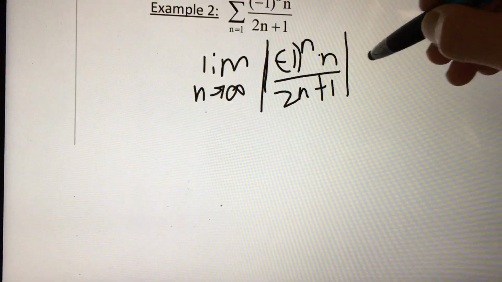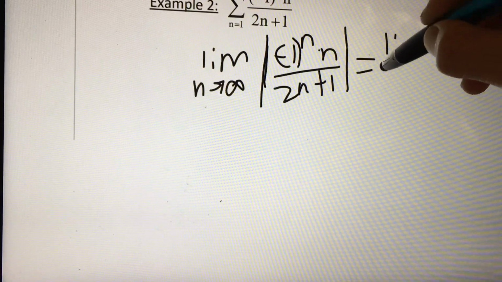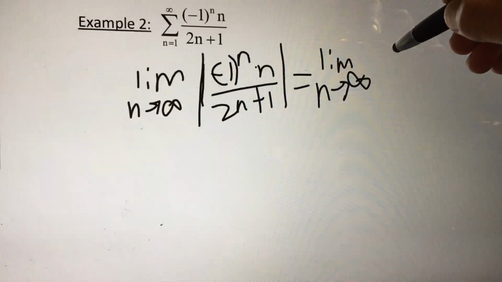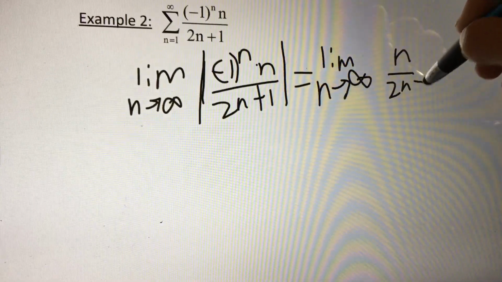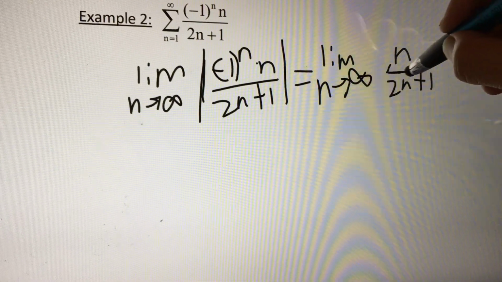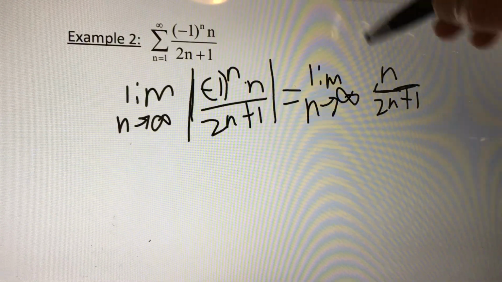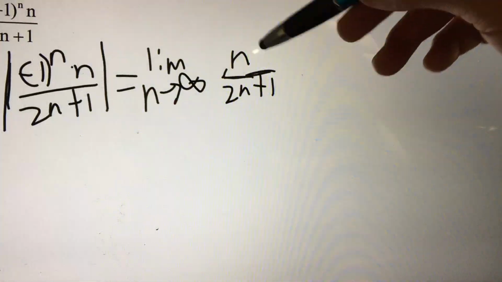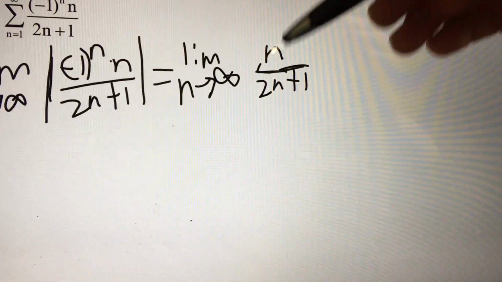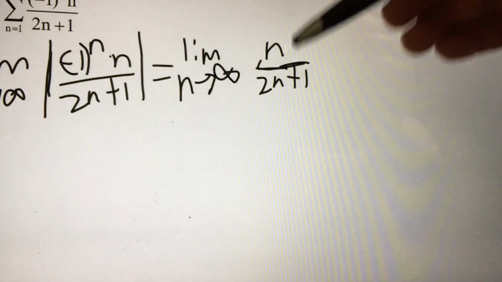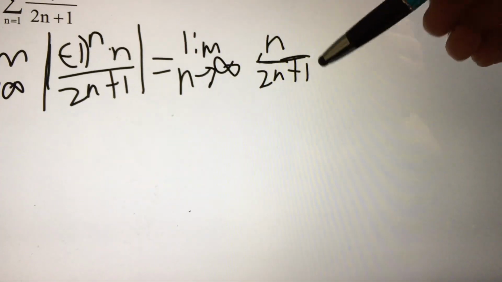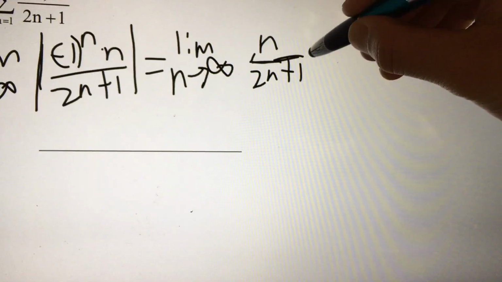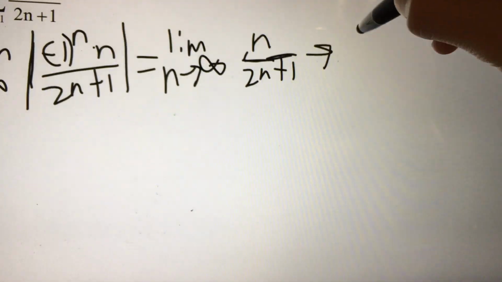This ends up being the limit as n approaches infinity of n over 2n plus 1. When we take the limit of this, it ends up being very nice because of the RFLT, also known as the rational function limit theorem. Basically, you take the highest degree powers and you take the coefficients. So the limit ends up being 1 over 2.